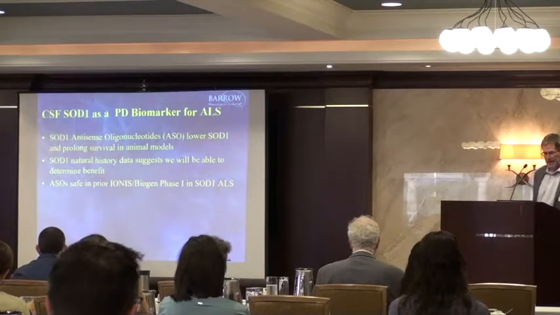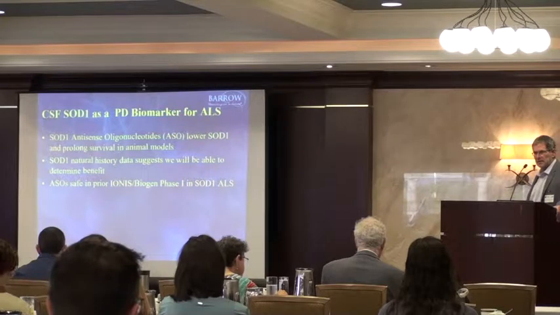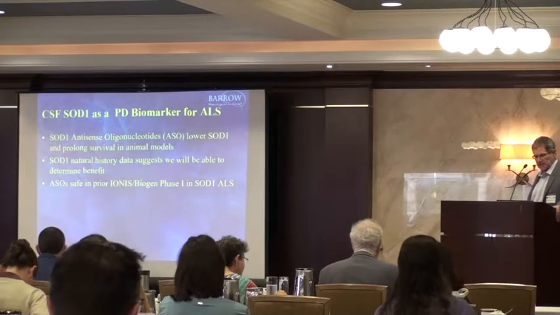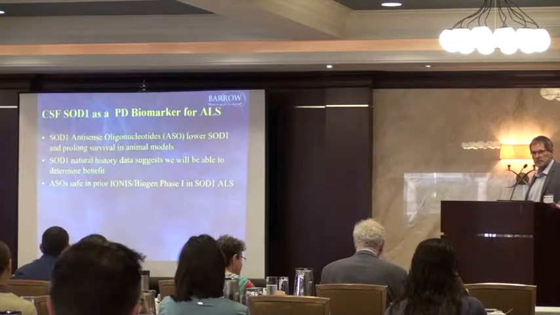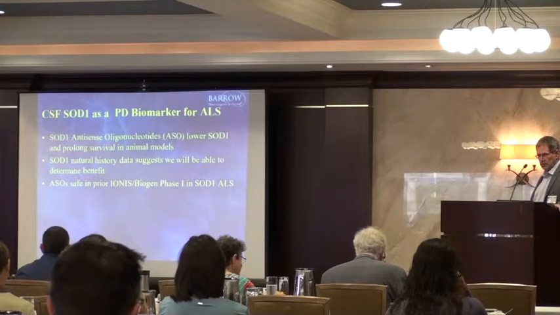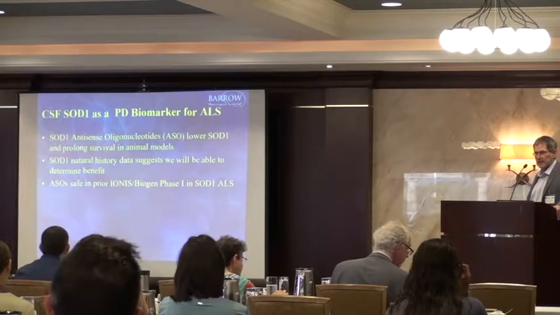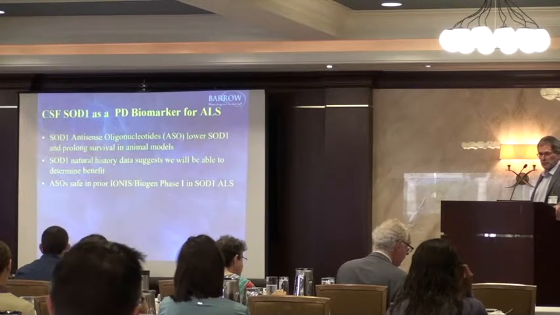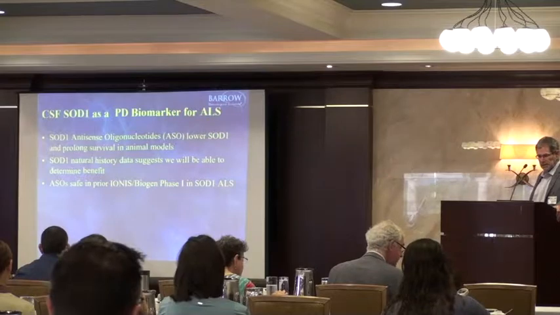In ALS, about 20% of genetic ALS is due to a mutation in the SOD1 gene. And so an antisense oligonucleotide, an oligonucleotide that binds to RNA and presumably reduces the abnormal protein levels as well as normal protein levels, has been developed over the course of the last 7 or 8 years and is now in clinical trials in ALS.